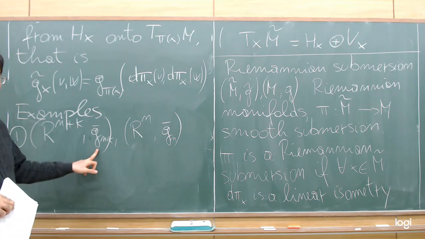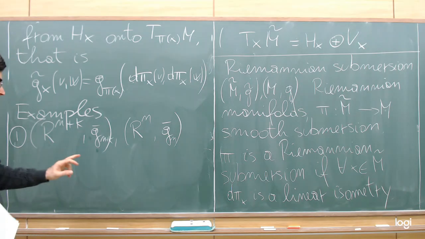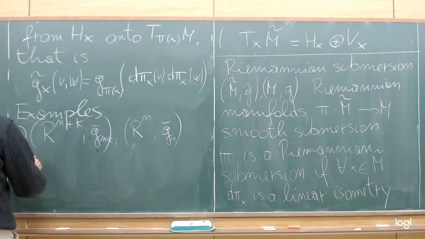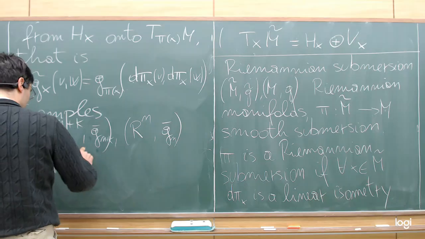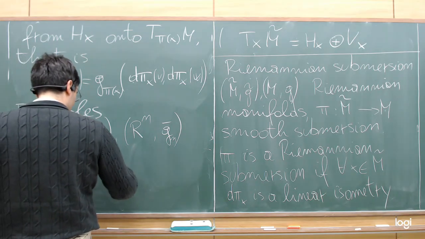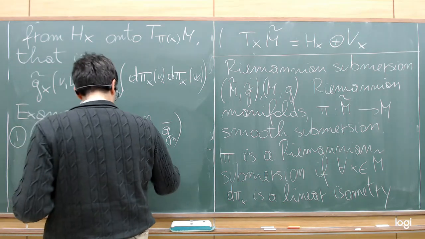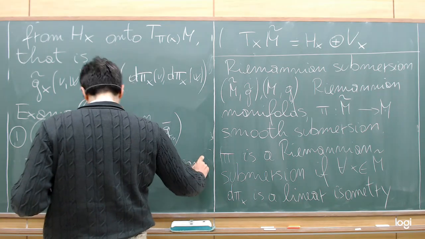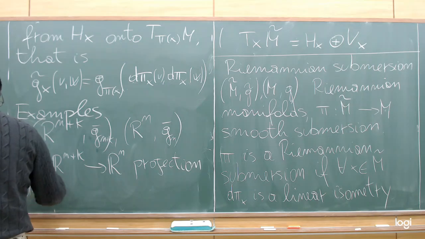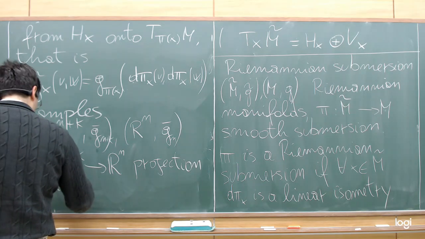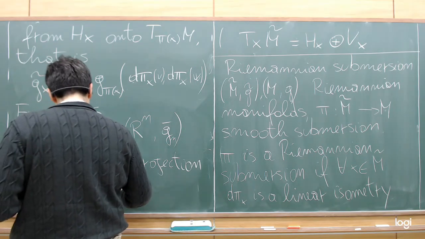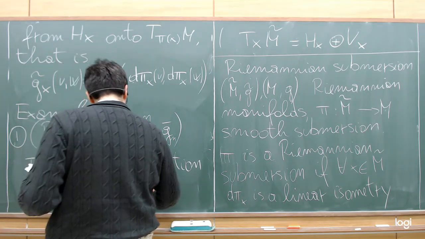This is the Euclidean metric on R^(n+k), and this is the Euclidean metric on R^n. And let's take pi from R^(n+k) to R^n, the projection on the first n coordinates.